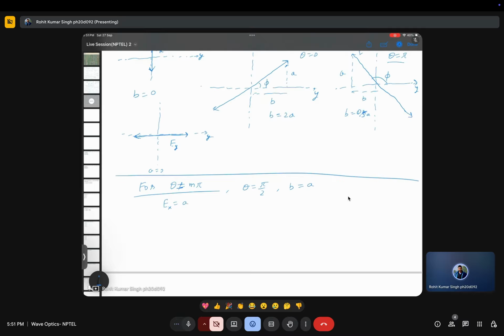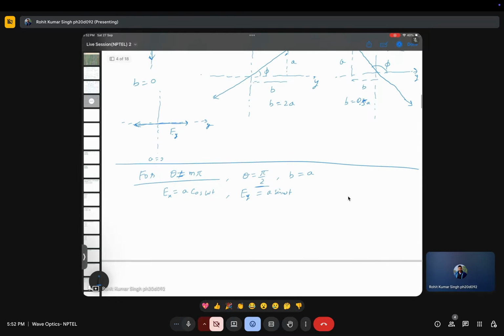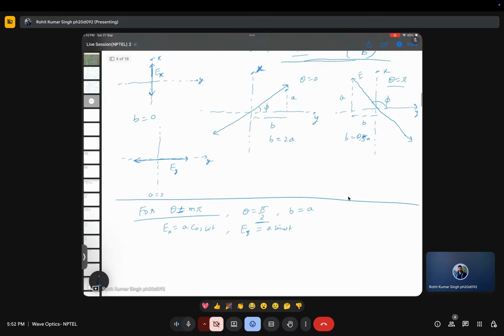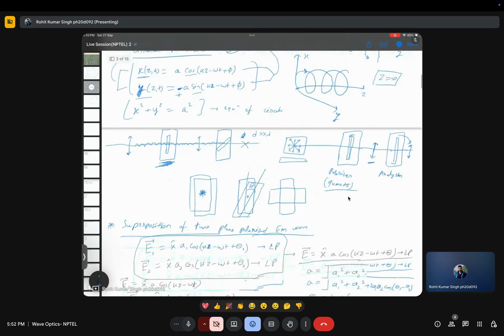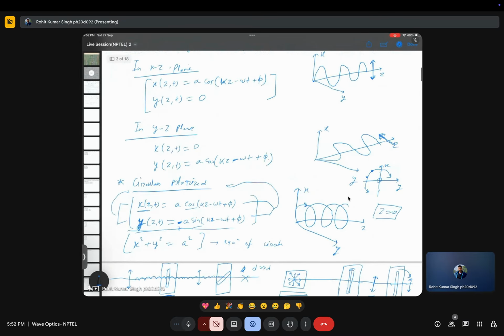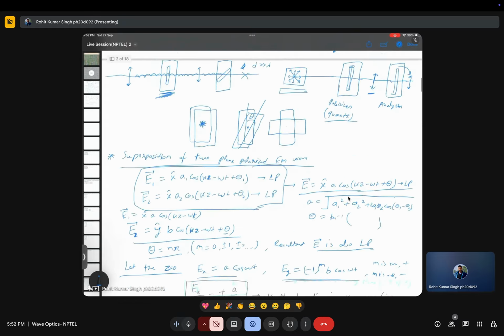So now your two components in x and y direction can be given like this. Ey will be sin omega t, because it has pi by 2 difference. Now you remember, this is the same as this, right? And for this case we had a circularly polarized wave, so that should also follow here.